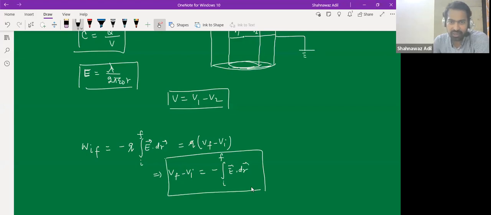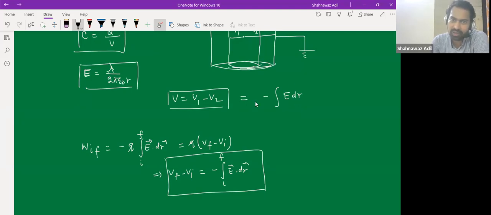Now do you guys remember? Okay, so we have to find out V1 to 2. So this would be minus the integral of E dr, and dr is in the same direction as the electric field.